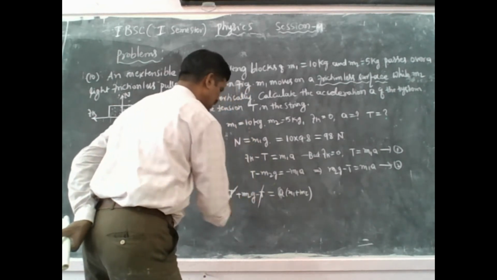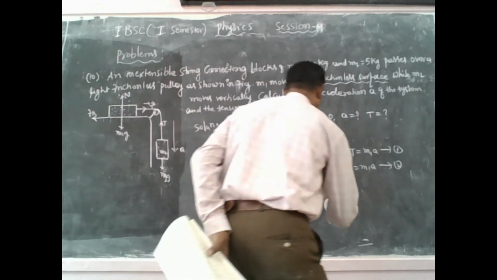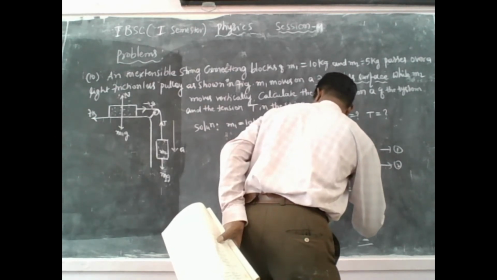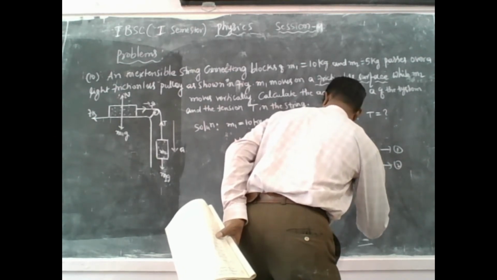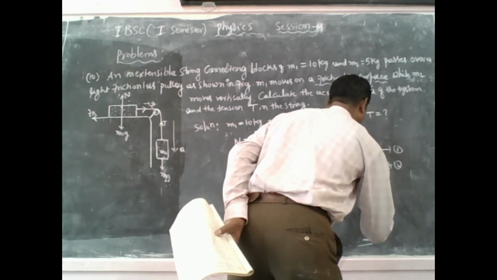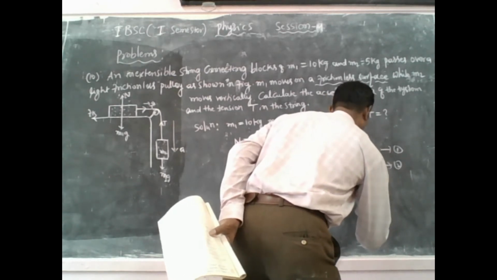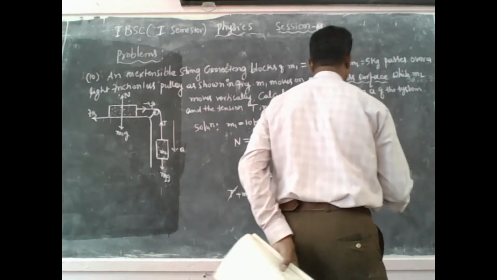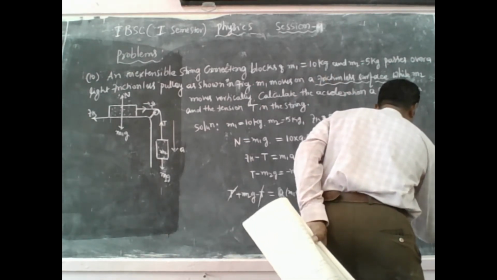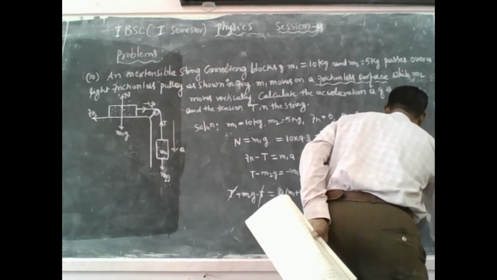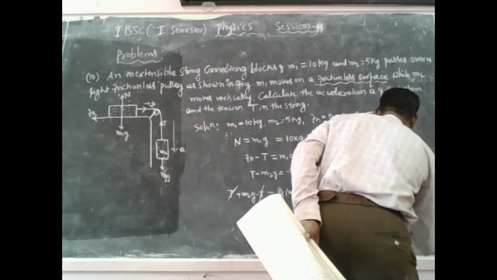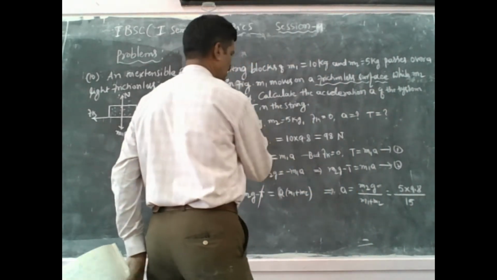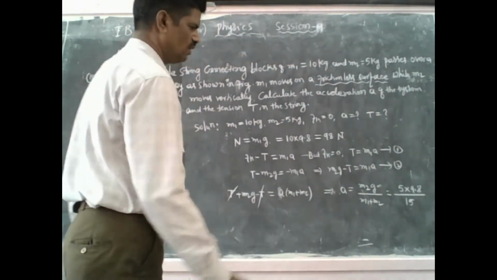Okay. T gets cancelled. So what is remaining here? A equals M2G divided by M1 plus M2, which is M2G equals 5 kg into 9.8, divided by M1 plus M2, which is 15 kg, because M1 is equal to 10 and M2 is equal to 5, isn't it?